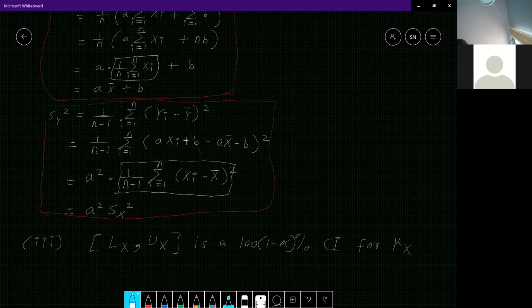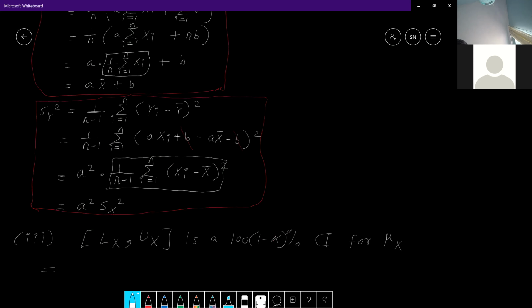Which implies that the probability that mu x lies between Lx and Ux is 1 minus alpha, right? That's the definition. I'm sure you know the definition of a confidence interval, right? So this is what the definition is.